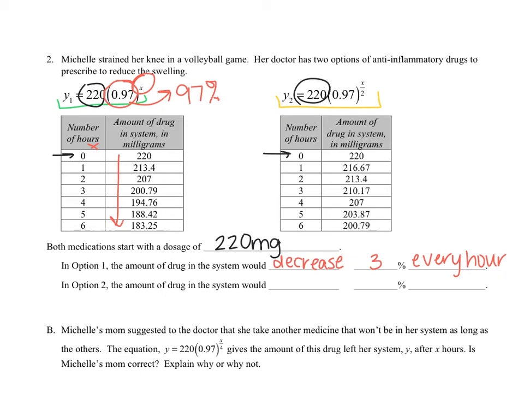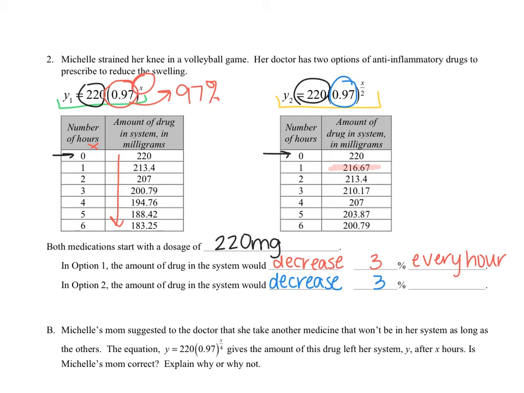In option 2, so if I look at option 2, I still have a decrease. And it's still by 3%. But what's the pattern now? If I look at 1 hour was 216.67. That didn't even happen in option number 1. It happened somewhere in between 0 and 1.